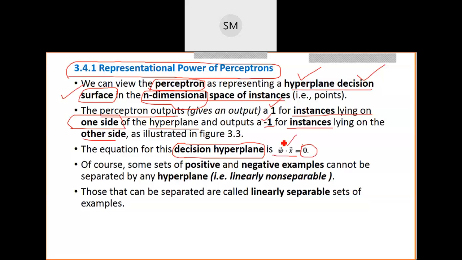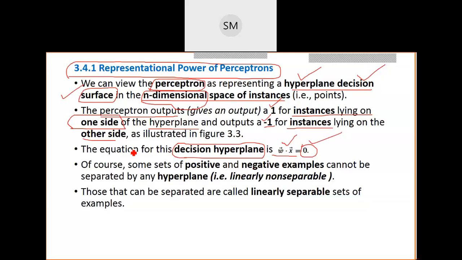It means the product of weights and inputs is exactly equal to 0. It is not greater than 0, and it is not less than 0. If it is greater than 0, then the output of the perceptron will be +1. If it is less than 0, then the perceptron output will be -1. Since the decision surface is neutral, we call the product 0.